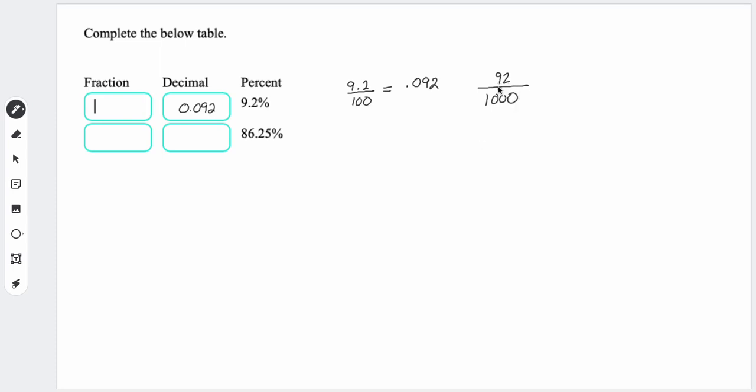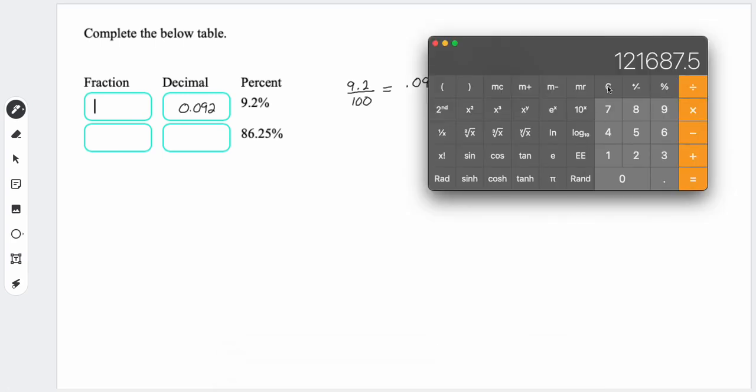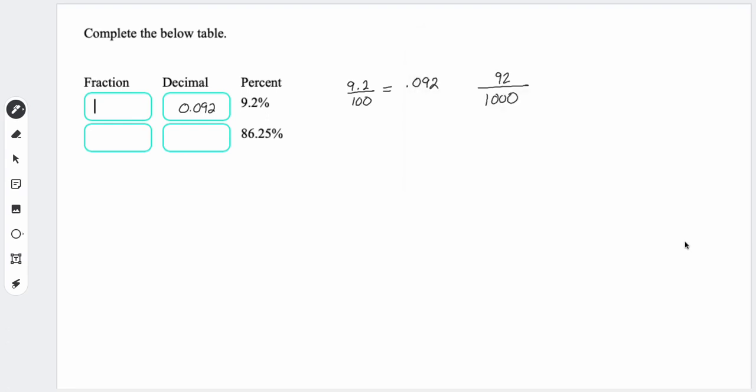And now we're going to see if we can reduce this. So 92 divided by 2. Let's see if we can divide it by 2. Yes. All right, let's see if we can divide it by 2 again. Yes. All right, so that's division by 4.